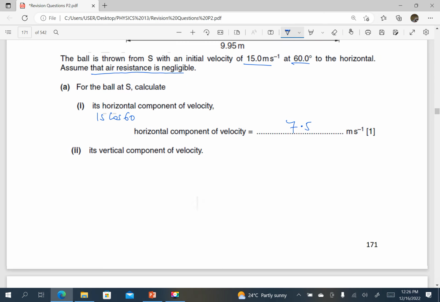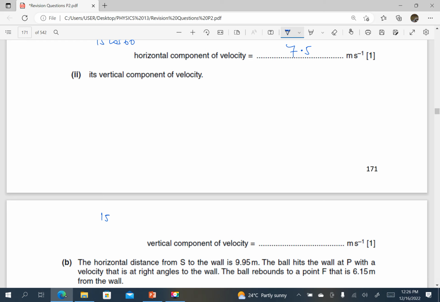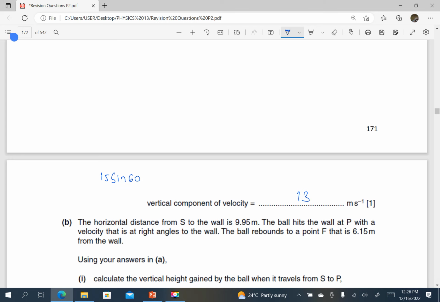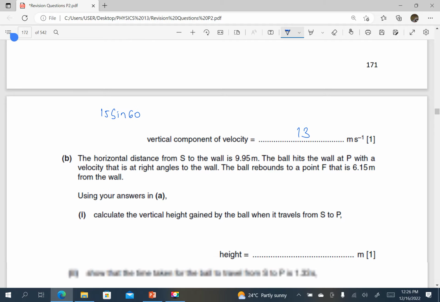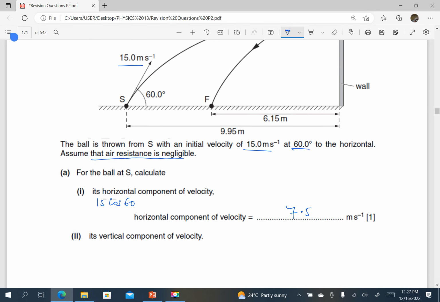Then its vertical component of velocity, so we resolve vertically, that is going to be 15 sine 60, that is 13 meters per second. The horizontal distance from S to the wall is 9.95, okay?